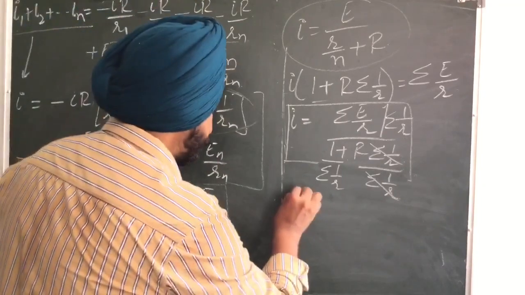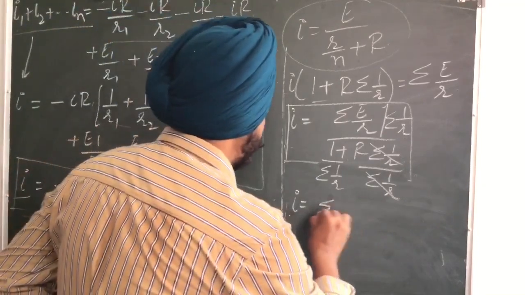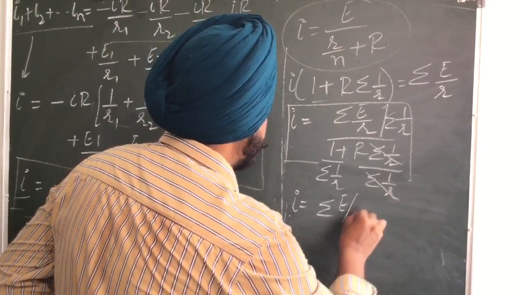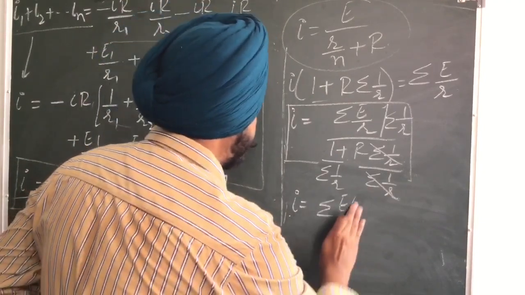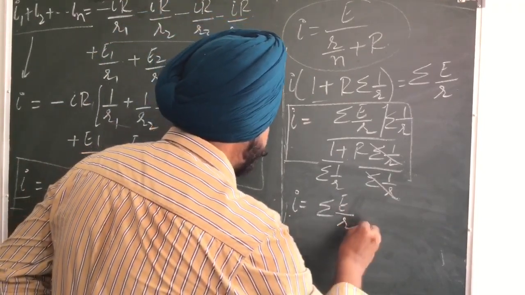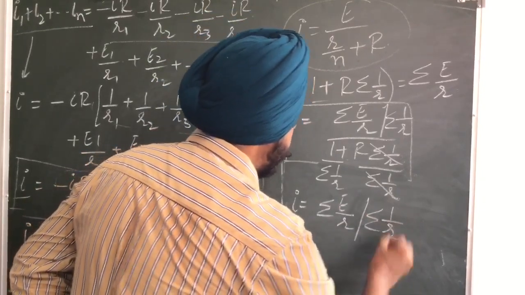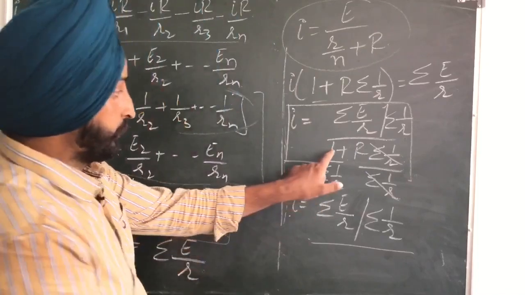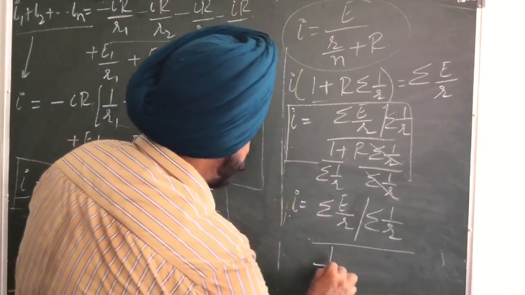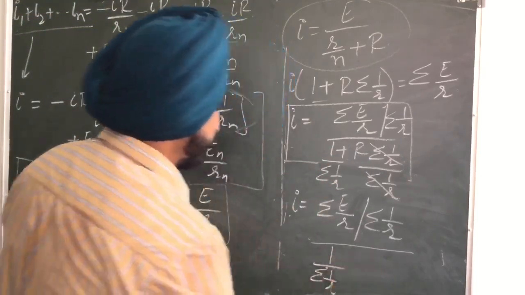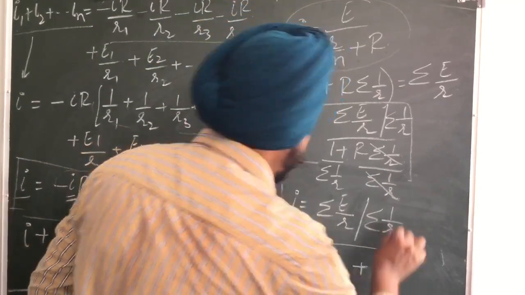So our current would be equal to summation of E by R over summation of 1 by R, divided by 1 over summation of 1 by R plus R.